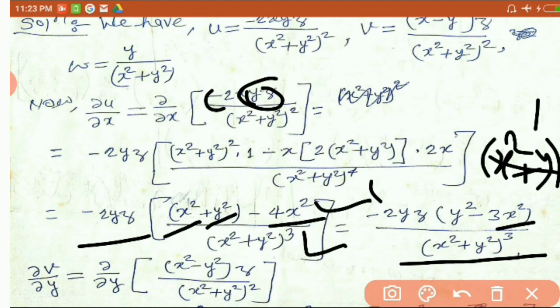So we get ∂u/∂x equal to minus 2yz (y² minus 3x²) upon (x² + y²)³.